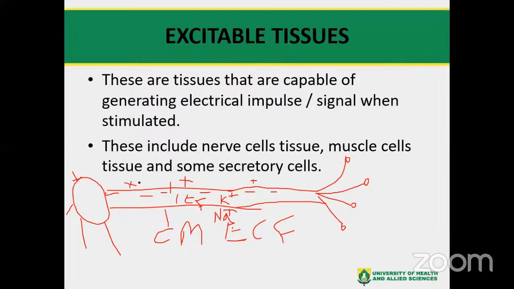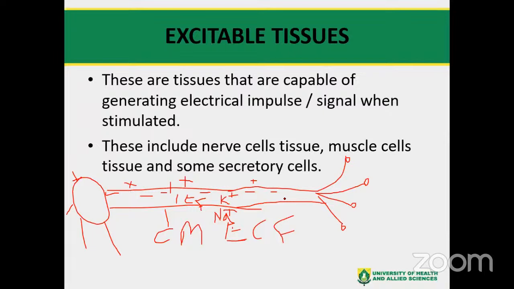So now we have differences of charges in the extracellular part of the plasma membrane and the intracellular part of the plasma membrane. These differences in charges is what we call potential difference.